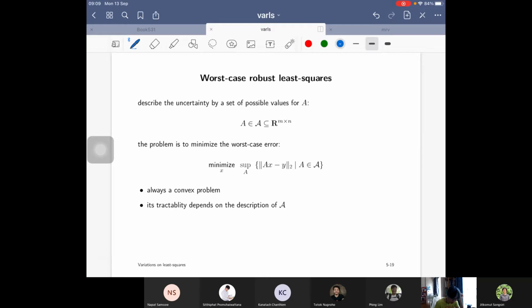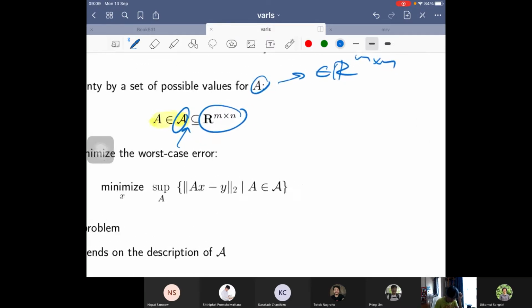In this direction, we say that A belongs to a set, calligraphy A. This is called the uncertainty set. This set is a subset of R^(m by n), since the matrix A has size m by n. What we're going to do is the following.